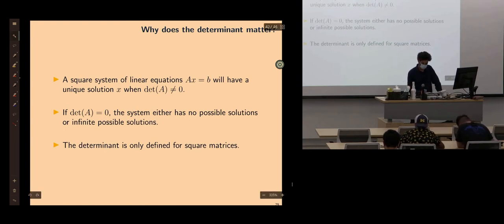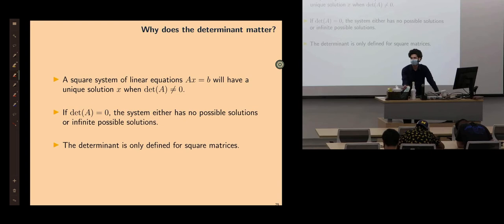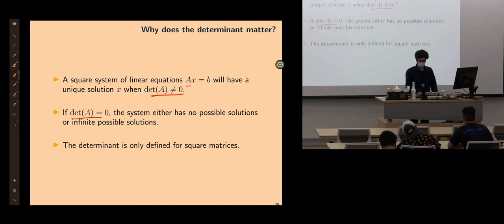Now, given how easily you can use computers to calculate the determinant these days, and given that now you learn how to put a linear system of equations into matrix form, you just define your A matrix and take the determinant. If the determinant is not 0, you have a unique solution. Everything is perfectly fine. So it gives you a tool to quickly check if the system has a unique solution or not.